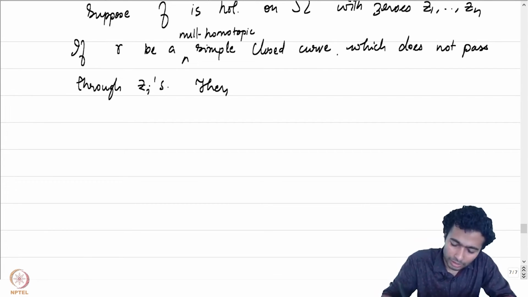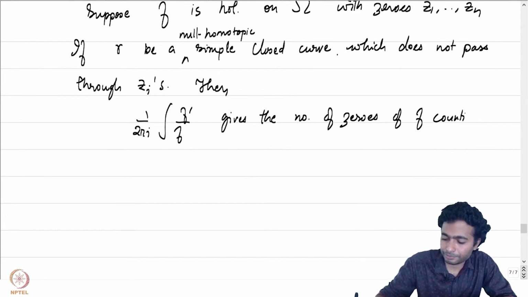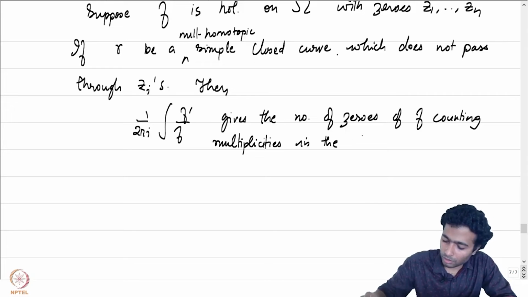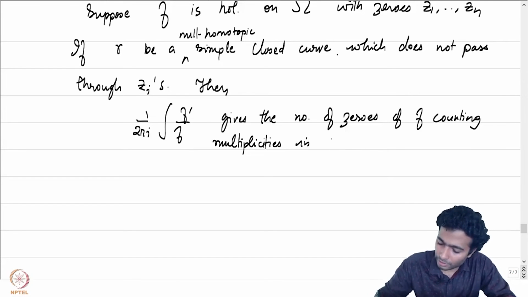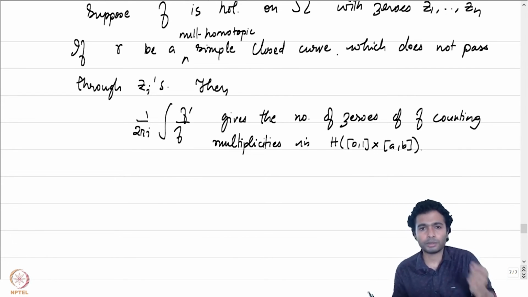Just write that: 1 by 2 pi i times the integral of f prime by f gives the number of zeros of f counting multiplicities in the interior, in H of 0 1 cross a b, where H is the homotopy from gamma to the constant curve.